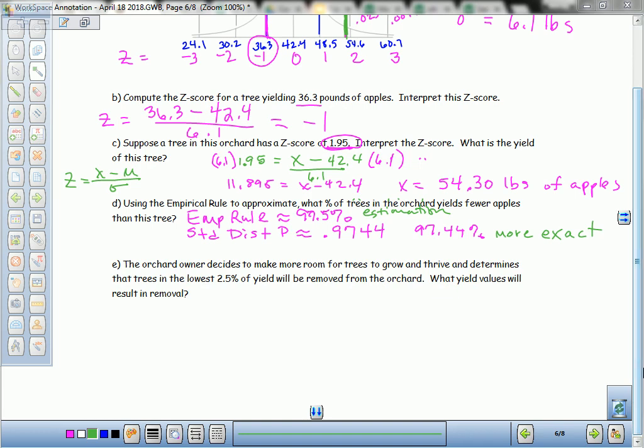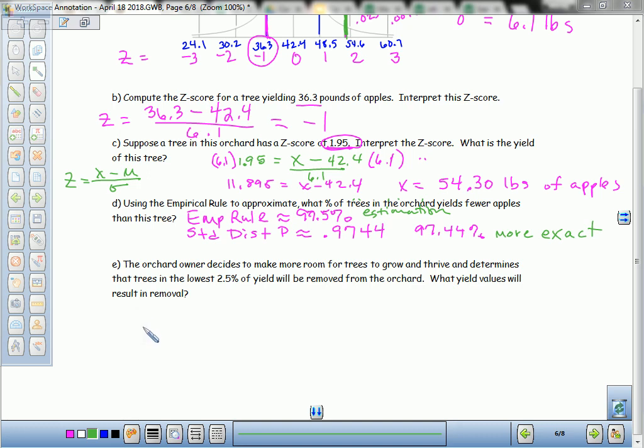All right, E. The orchard owner decides to make room for trees to grow and thrive and determines that trees in the lowest 2.5% of yield will be removed from the orchard. Okay, so we want the lowest 2.5%.